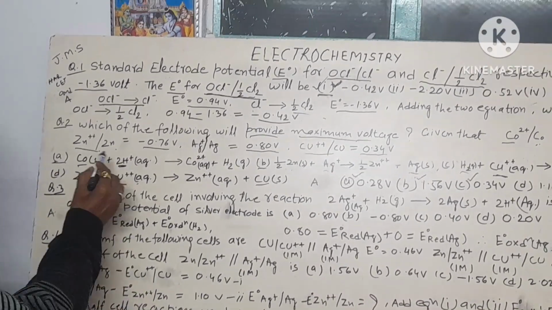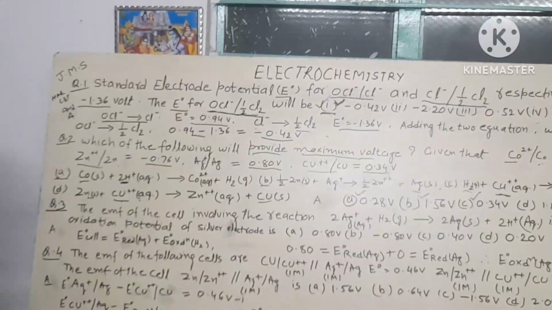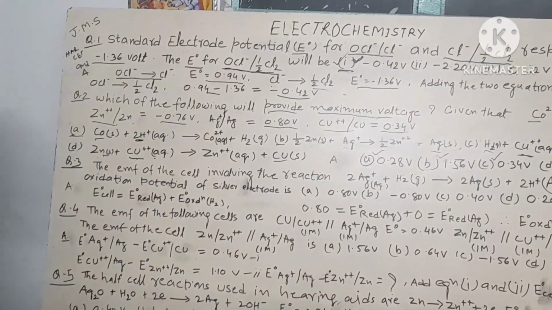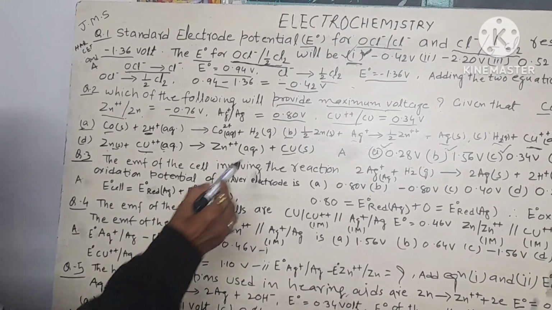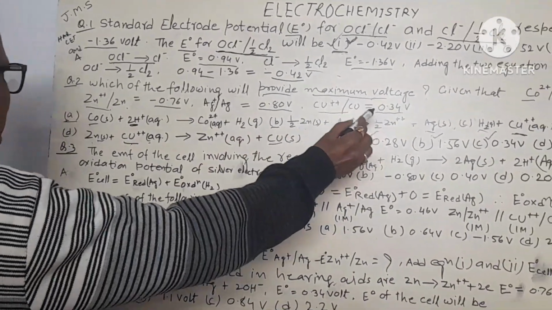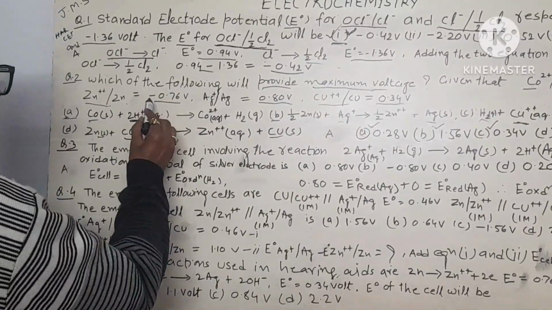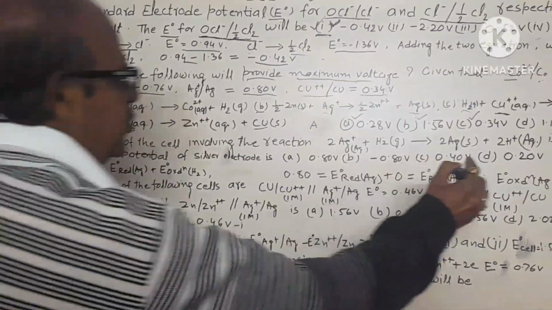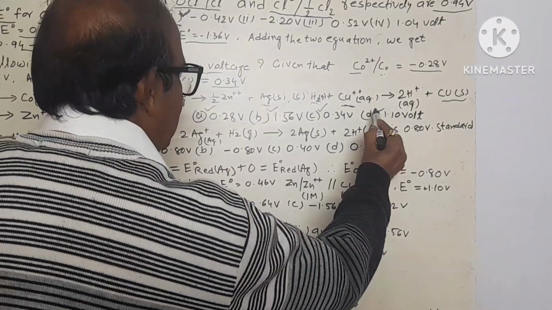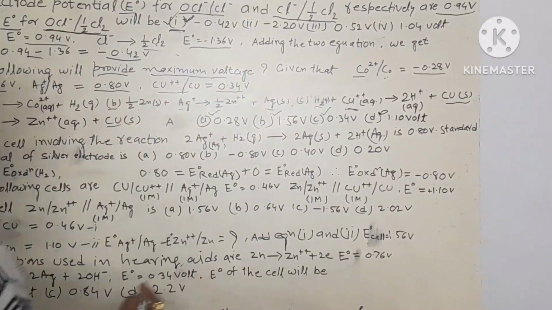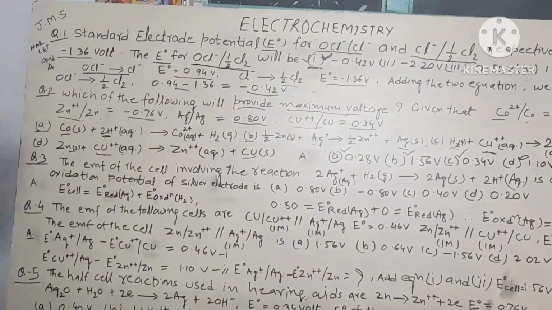Then zinc is given as minus 0.76. Then again minus plus, so you just add both: 0.34 plus 0.76. You will get 1.10.